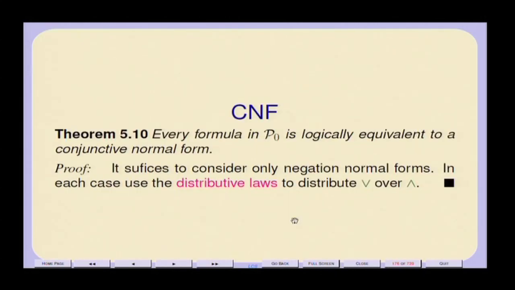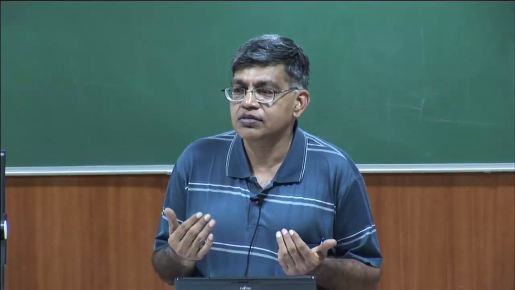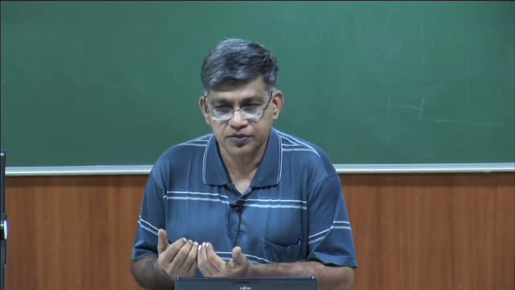So, the next theorem is again very easy. Every formula in P naught is logically equivalent to a conjunctive normal form. Now, it is enough to assume that the formula is in negation normal form. So, all the negation signs appear only in front of the atoms.